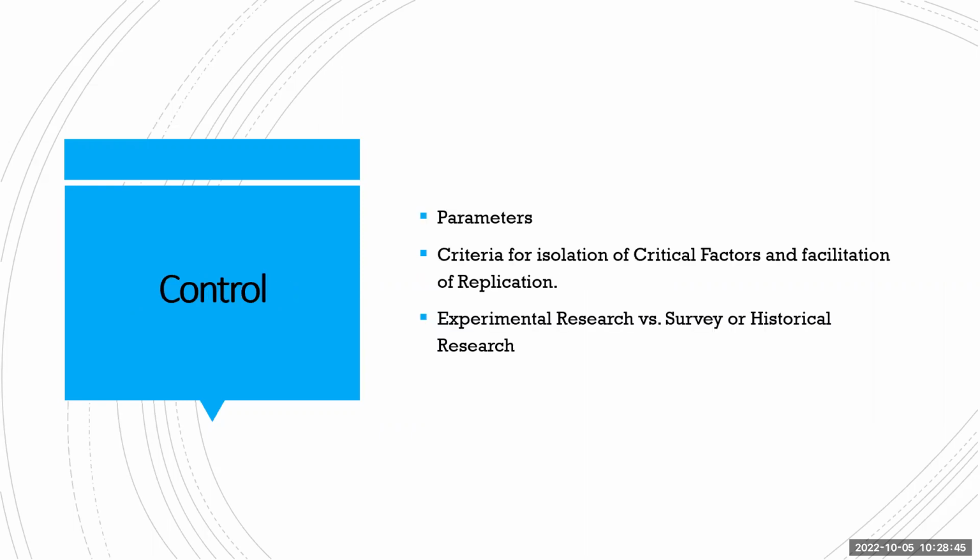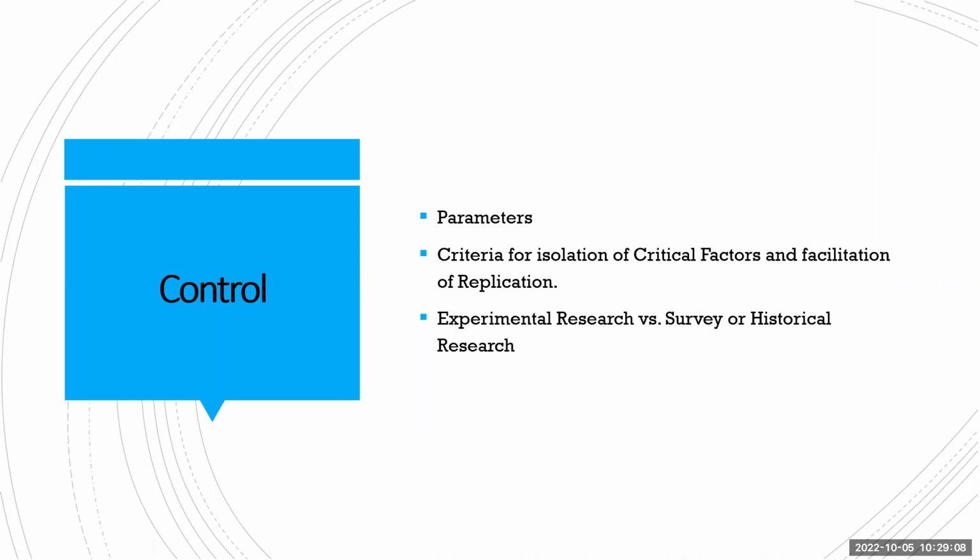Control. These are the parameters, the factors that they're dealing with in the experiment or in the research. And those criteria that they use should be very transparent, logical, they should make sense. So for example, in an experiment, the factors should be documented and noted about each and every step that they took.